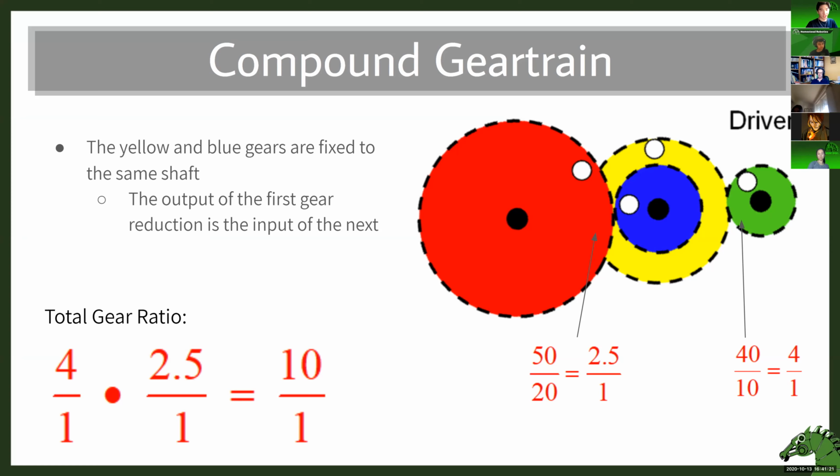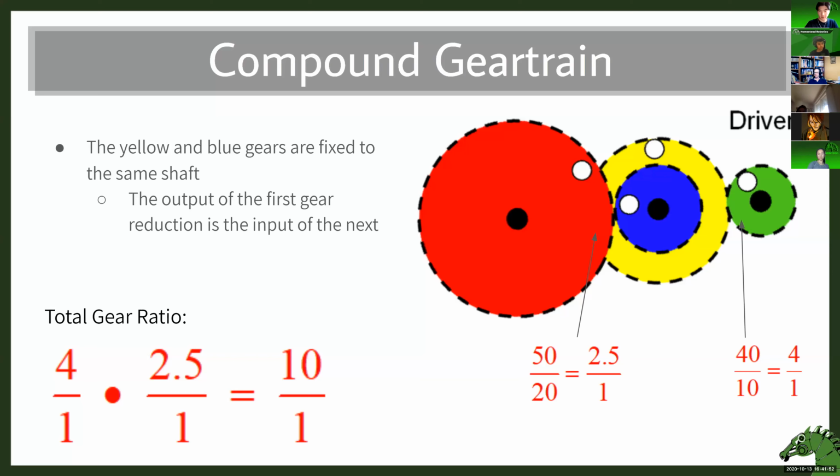Basically, it chains gears: the output of one gear train is the input of another. This works because the yellow and blue gears are fixed to the same shaft. That might not make sense, since there was a gear in the center for the idler gear too. So why does this act differently?